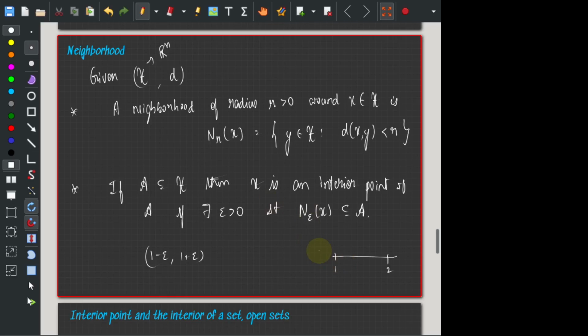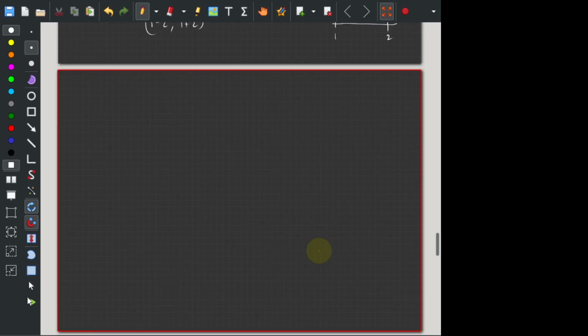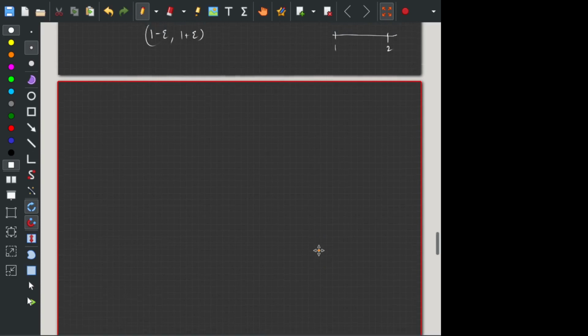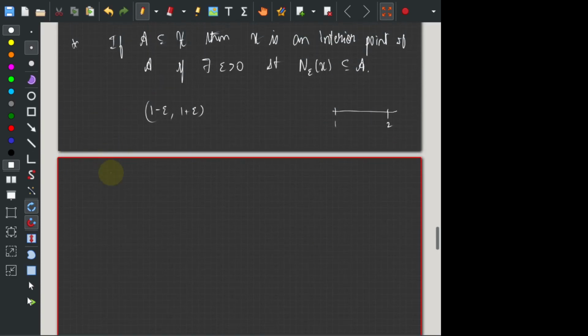But suppose I take any point which is strictly greater than 1 but strictly less than 2. Is it an interior point? How do you prove this? Take any x greater than 1 but less than 2.